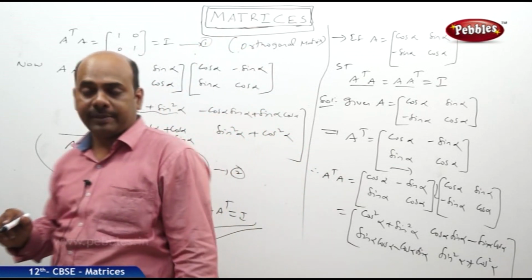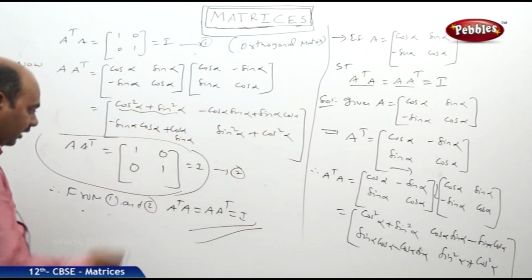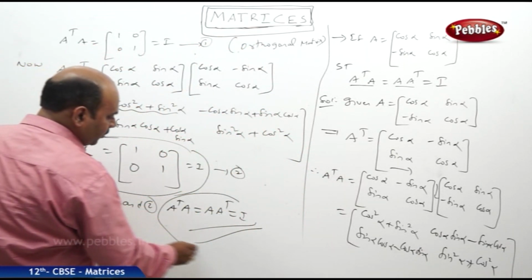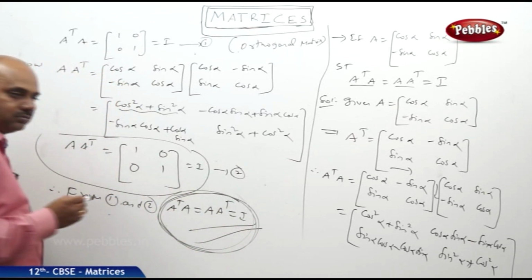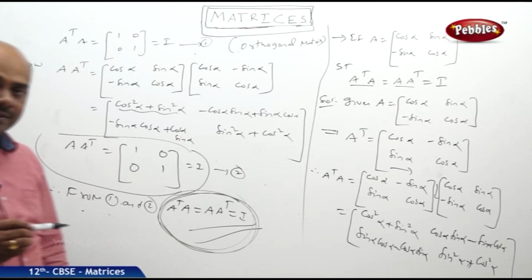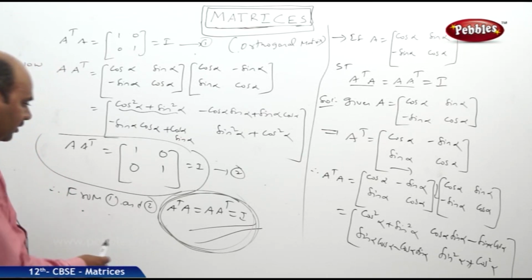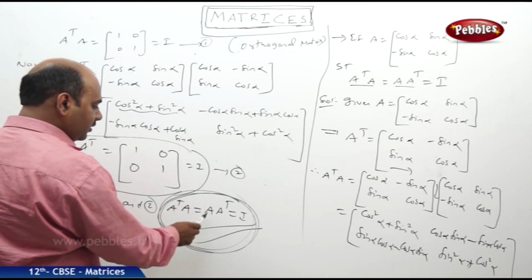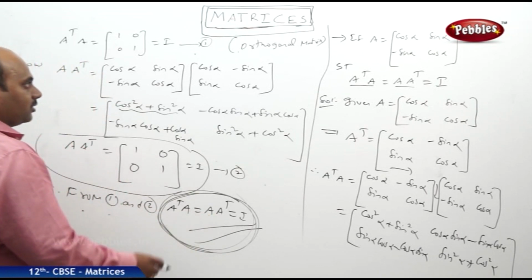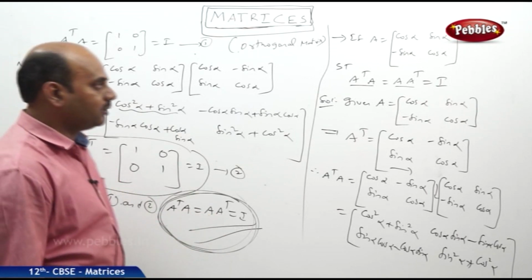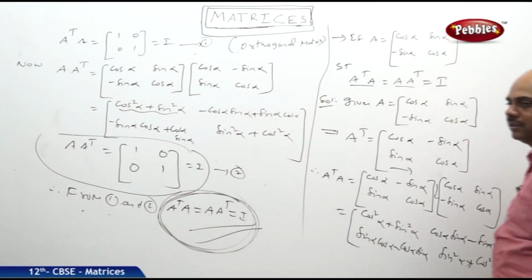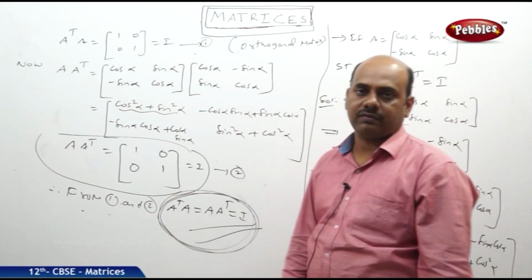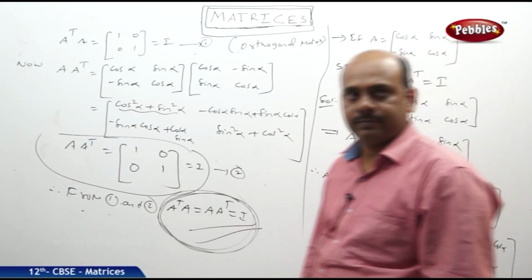A matrix capital A is said to be an orthogonal matrix if A transpose into A is equal to A into A transpose is equal to I. And the best example for an orthogonal matrix is capital A is equal to cos alpha sin alpha minus sin alpha cos alpha. Right? Please copy.